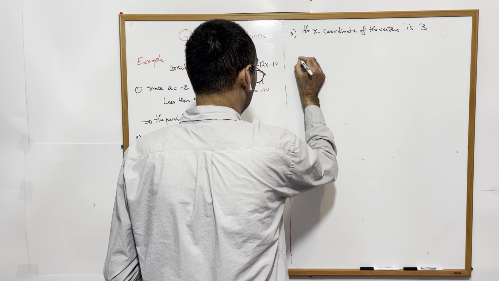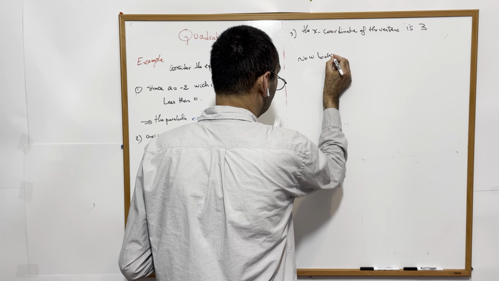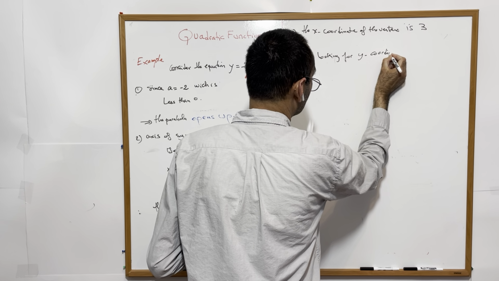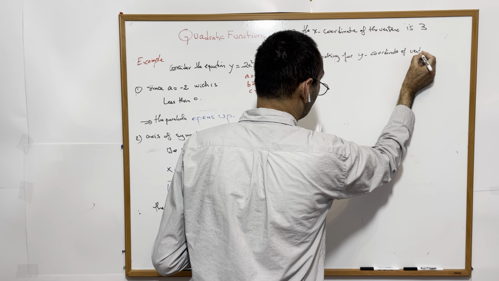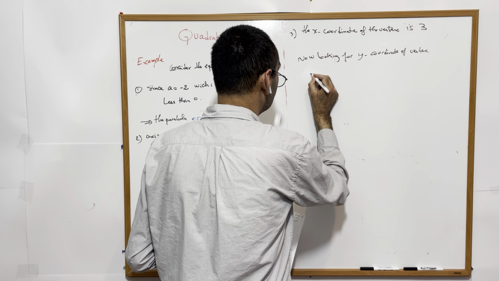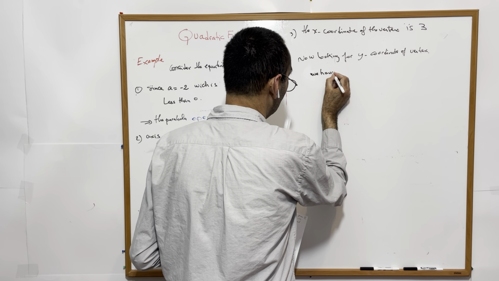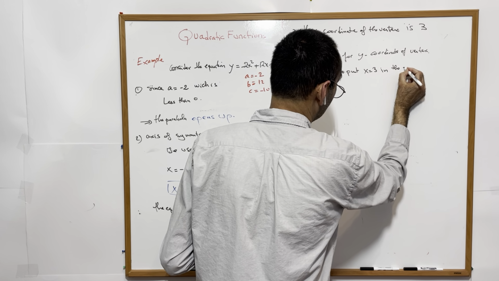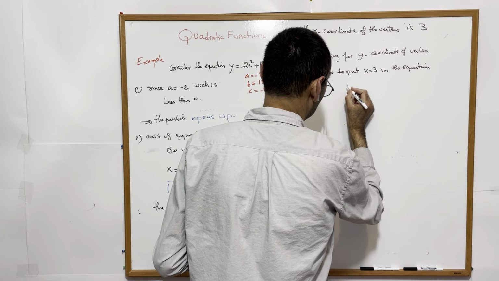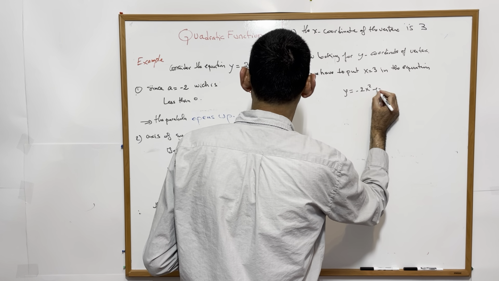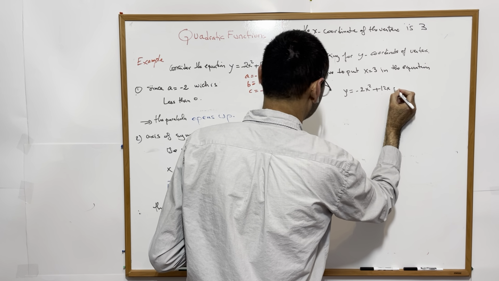Now we look for the y coordinate of the vertex. We just put x equal to 3 in the equation: y equals minus 2x squared plus 12x minus 10.